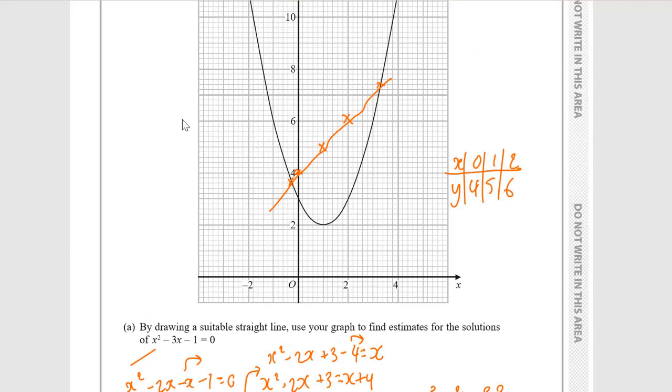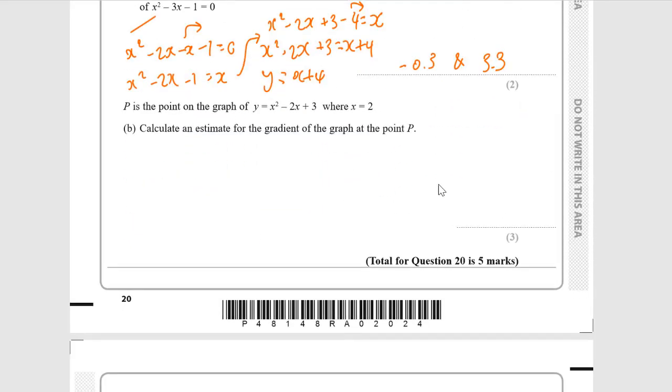Again, because it's not the most straight of lines, but you'll be able to estimate about those points where it crosses the curve.